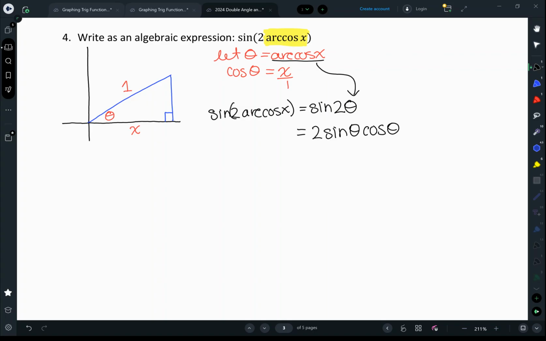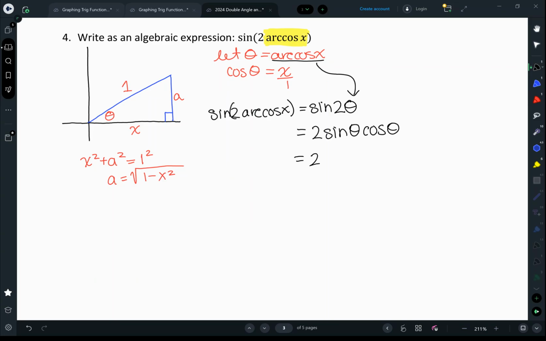Well, in order to find sine, I do need to find the opposite side. So let's call the opposite side a. So I know that x squared plus a squared is equal to 1 squared. So then I know that a is going to be the positive square root of 1 minus x squared. And so now I can substitute for the sine and for the cosine using my diagram.